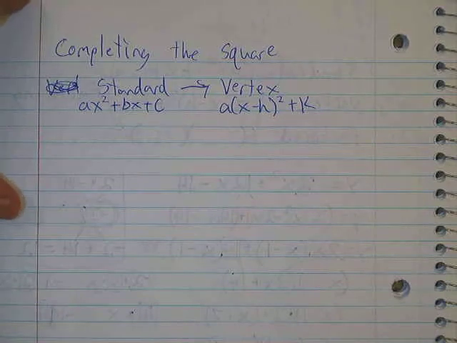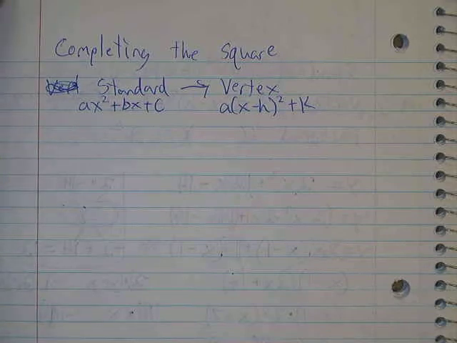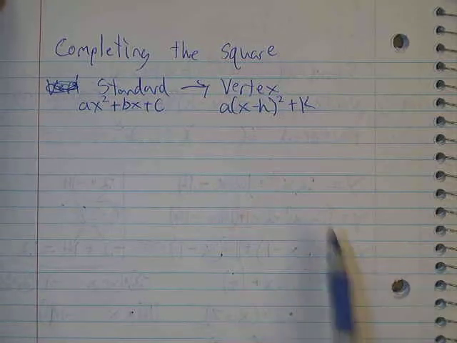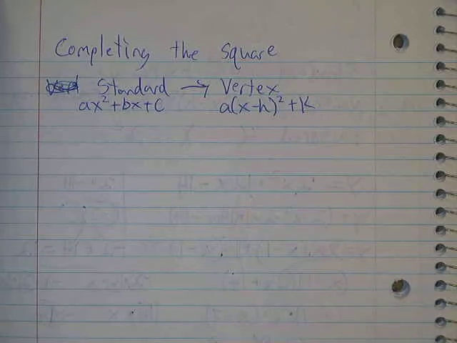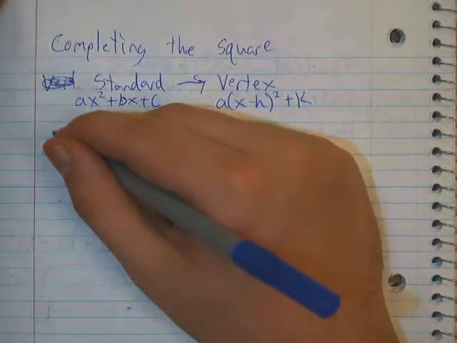Alright, so just like in the last video, we're going to do this with a parabola that's got some numbers in it. That way you can see where it's going. I'm actually going to use the exact same quadratic from the previous video.